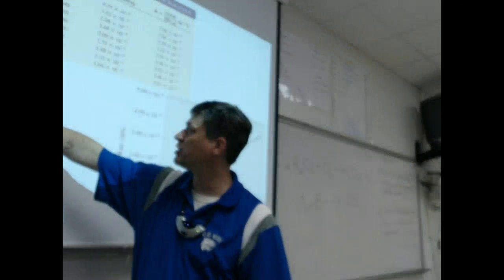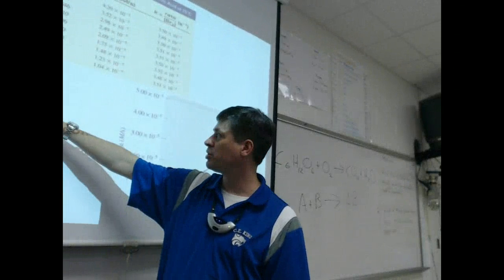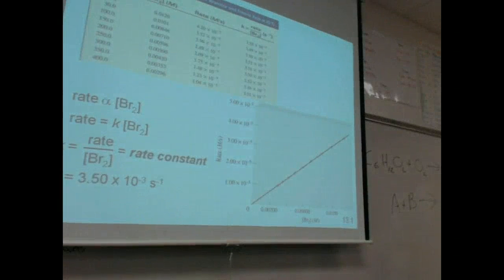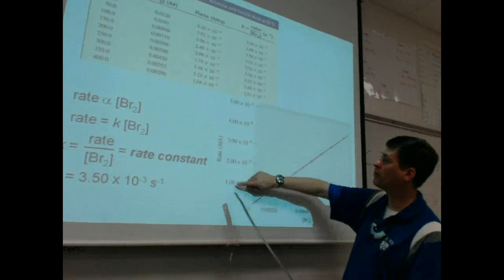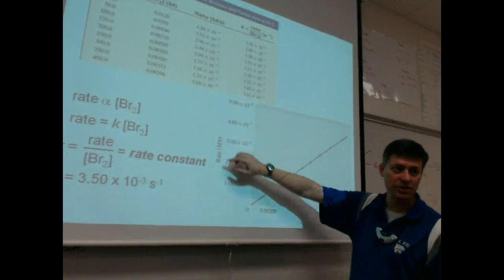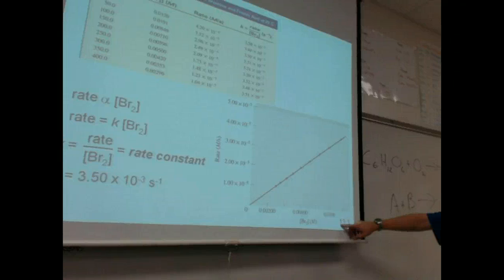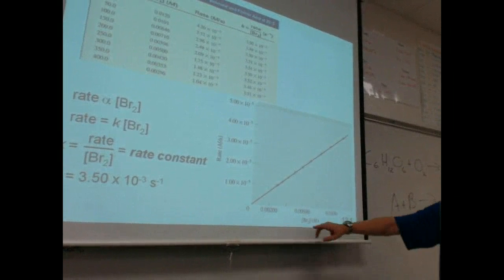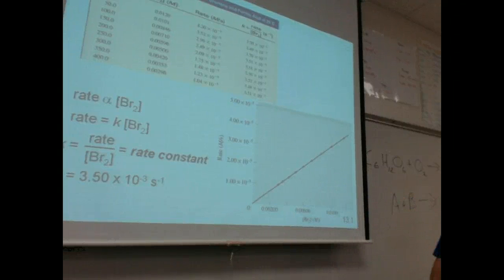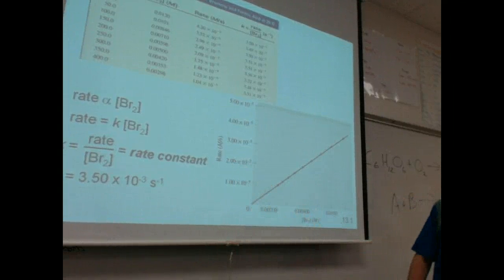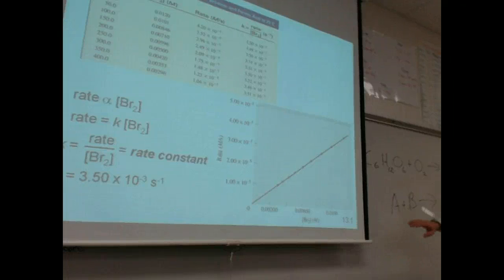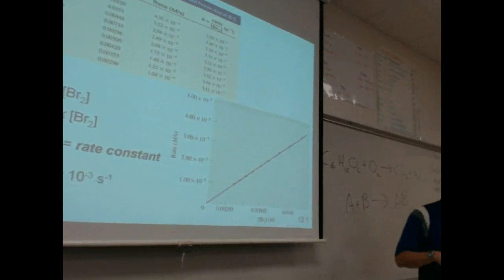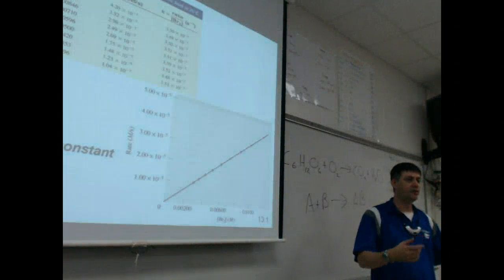So in this reaction, the rate of the reaction is proportional to the concentration of the bromine. So we have rate on this axis, concentration of bromine here. The rate goes up as the concentration of the bromine goes up. The higher the concentration, the faster the reaction.